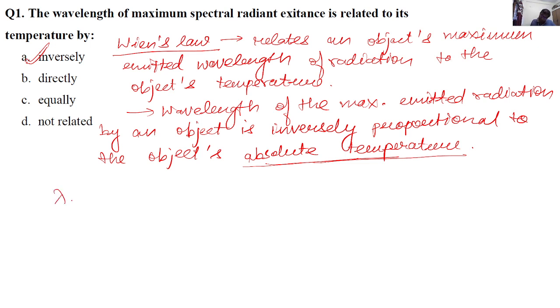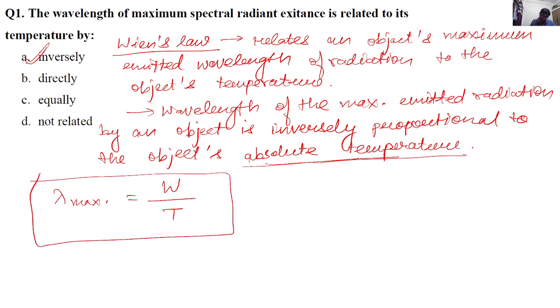So the expression is that the maximum emitted wavelength of the radiation is a constant W, or whatever term you want to refer to it as, divided by T, where lambda max is the wavelength.